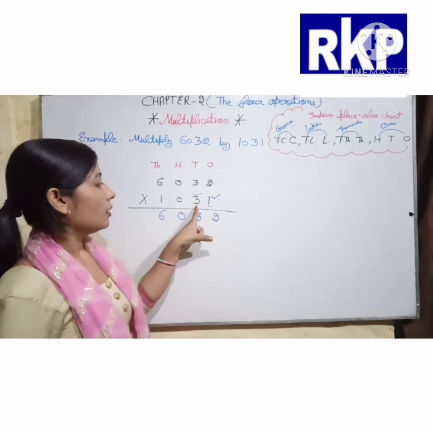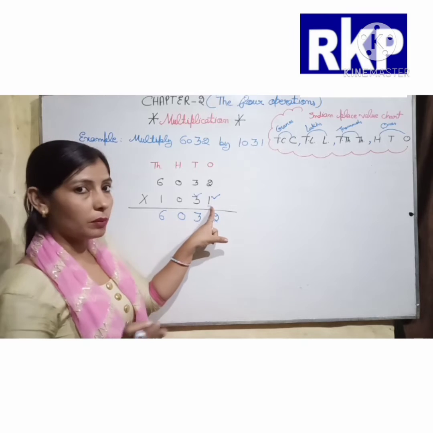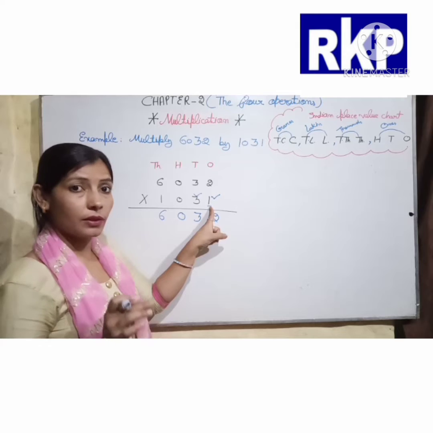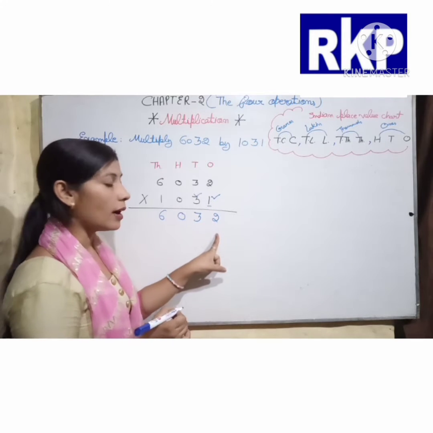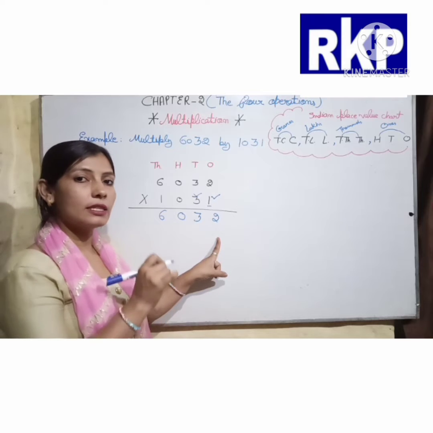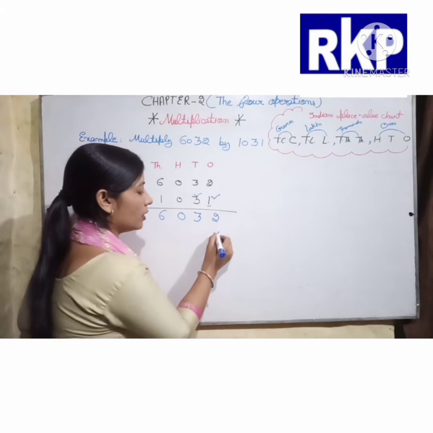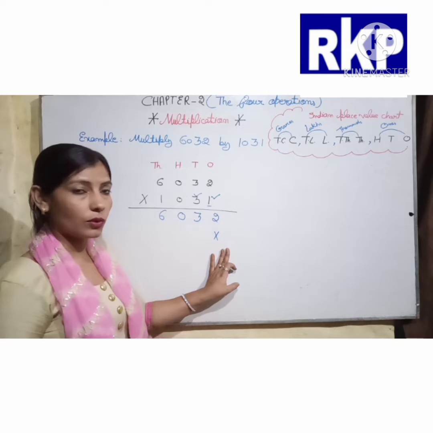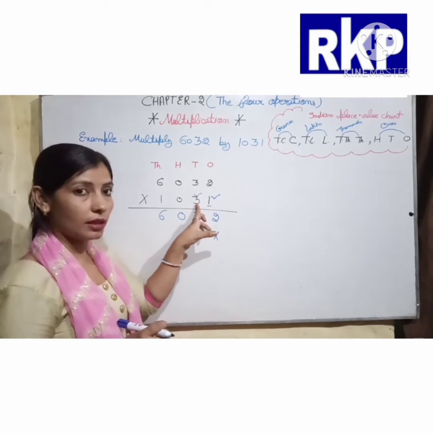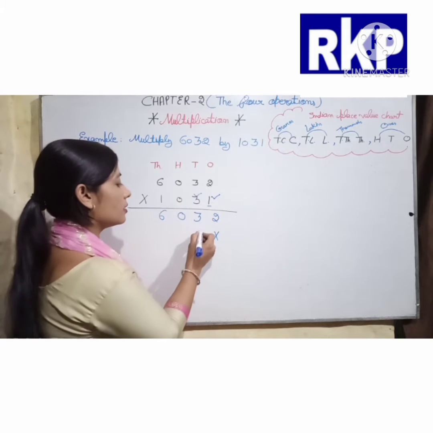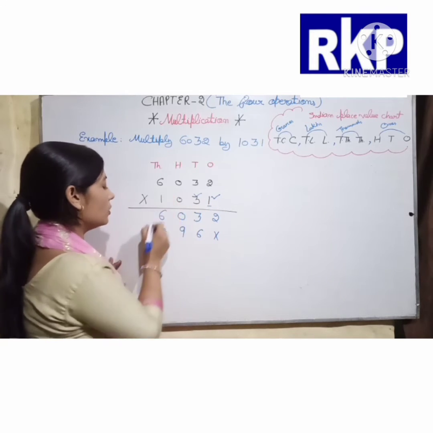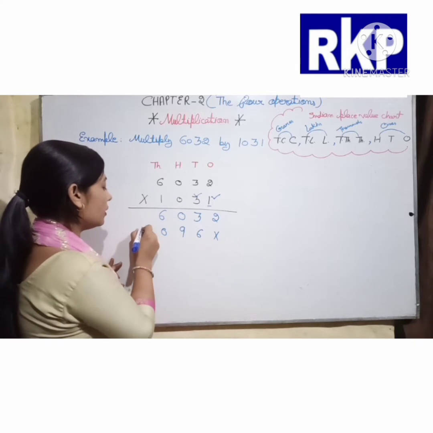Here beta, we have multiplied this number with the ones place digit, so here we have to put a cross or 0 for the ones place digit. You can put a cross or you can put 0. Now, we have to multiply this number with 3. 3 twos are 6, 3 threes are 9, 3 zeros are 0, 3 sixes are 18.